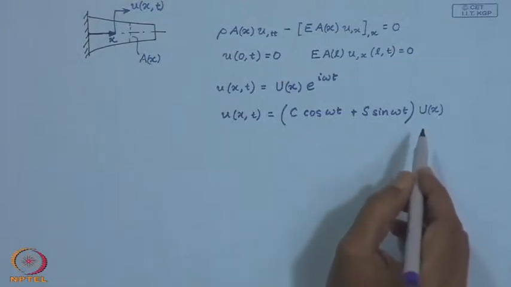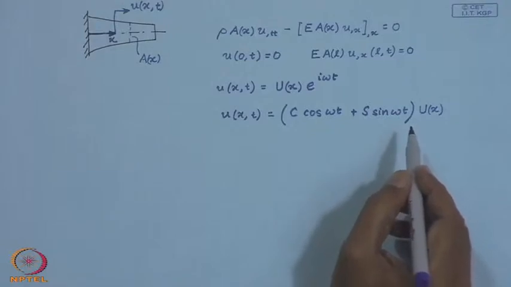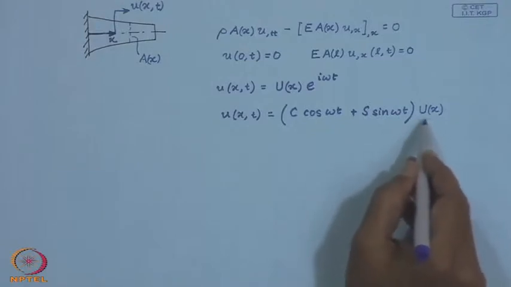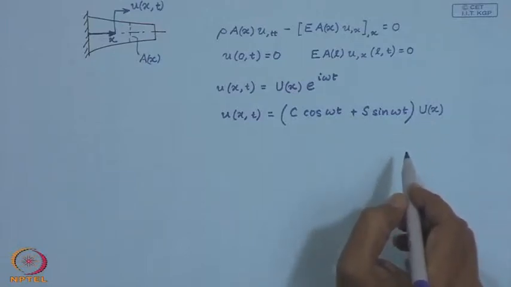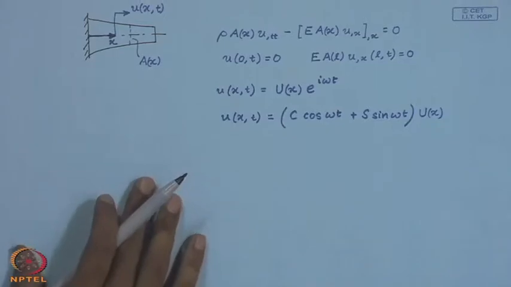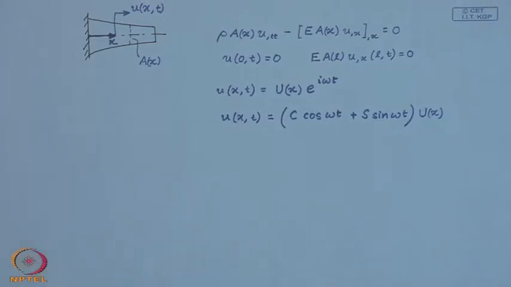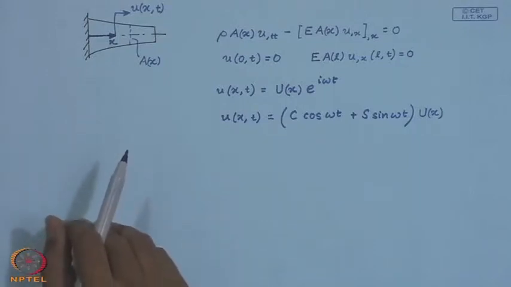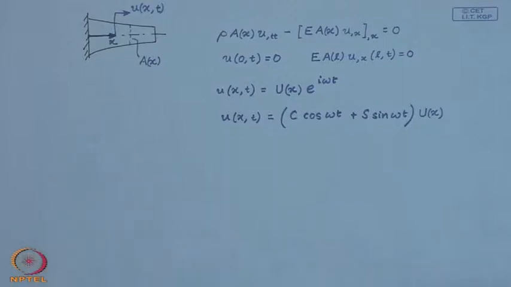And finally, we observe the existence of nodes, that means points at which the amplitude function capital U of x is 0. So, the properties of the modal solution are known to us.